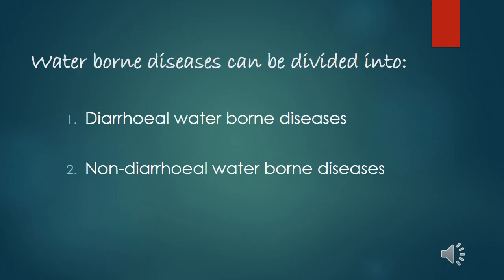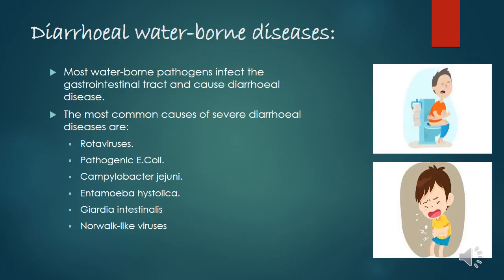Talking about the diseases caused by drinking water, we have two categories for waterborne diseases. The first one is diarrheal waterborne diseases, and the second one is non-diarrheal waterborne diseases. So, among diarrheal and non-diarrheal waterborne diseases, diarrheal waterborne diseases are more common because most of the waterborne pathogens infect the gastrointestinal tract and cause diarrheal diseases.